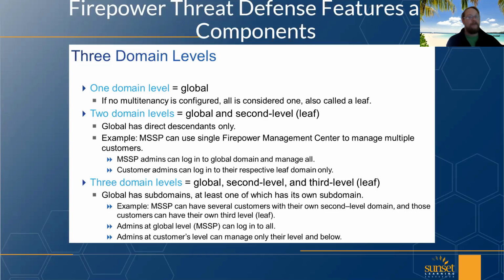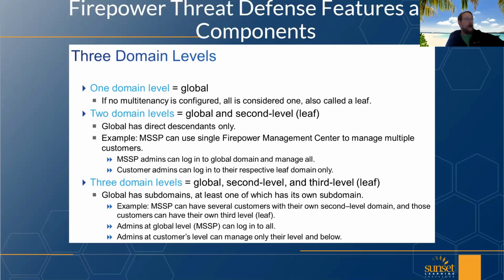You have three domain levels, and this basically just means policy inheritance, honestly. If you have a single domain level, everybody's going to receive the same configuration. You're just going to have one domain, and that's it, right? With a two domain level, I have a root domain and then a subdomain.